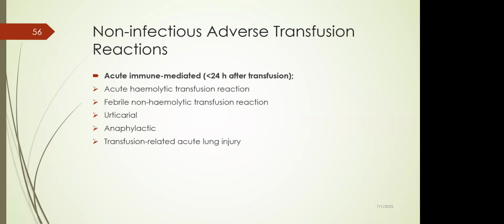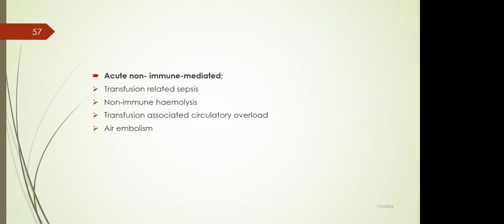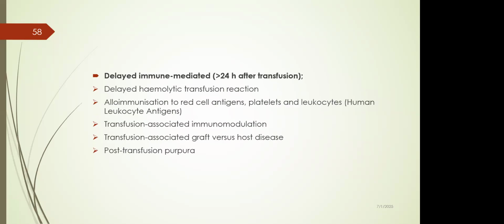Now, for the non-infectious adverse transfusion reaction, for less than 24 hours, there could be hemolytic transfusion reaction, febrile non-hemolytic transfusion reaction, urticaria, anaphylactic shock, anaphylaxis, and then transfusion-related acute lung injury. For the non-immune mediated, there's transfusion-related sepsis, non-immune hemolysis, transfusion-associated circulatory overload, air embolism.